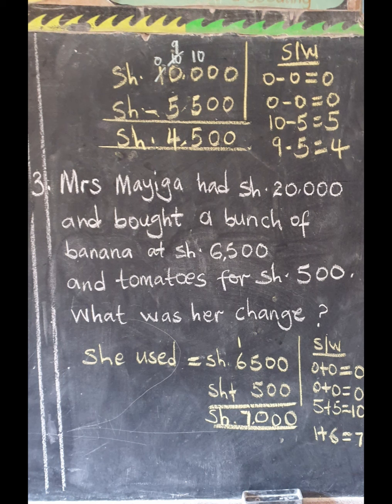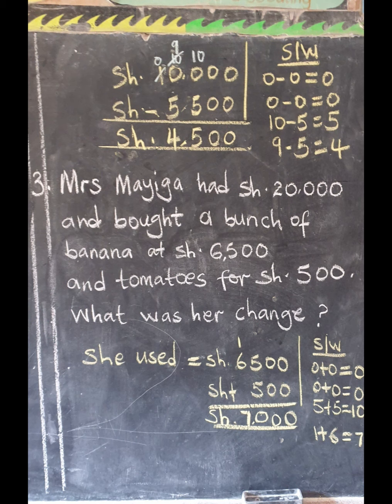So here we shall say that now Miss Maiga used 6,500 to buy a bunch of banana, and tomatoes she used 500. So when you get 6,500 plus 500, our total here will be 7,000 shillings. Now this is what she used.